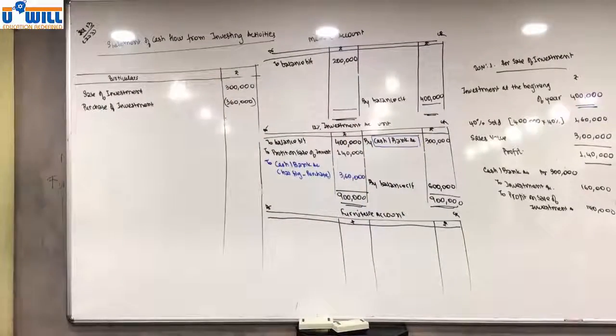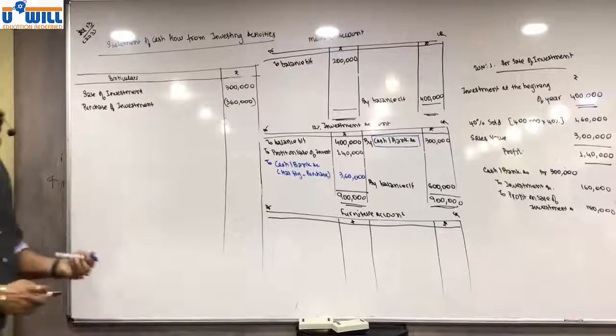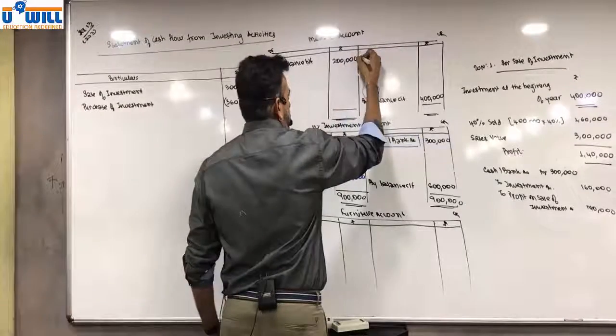What information is given? Depreciation is given. What's the amount of depreciation? We have to calculate, provide 20% depreciation on machine. Let's provide by depreciation.